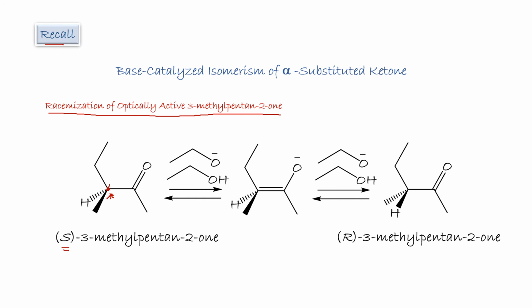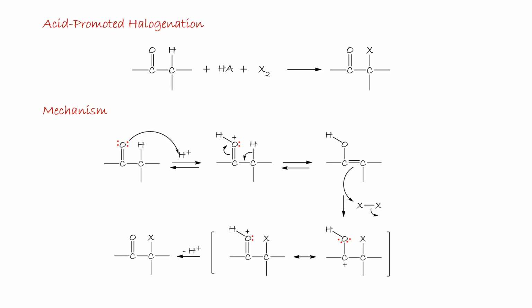Why? Because in the presence of base, you form the enolate, an achiral species, which gets protonated either way to form S back or R configuration on that center. So you have an RS mixture, 50-50, and you get a racemic mixture. So keep this in mind when you plan synthesis of chiral species.